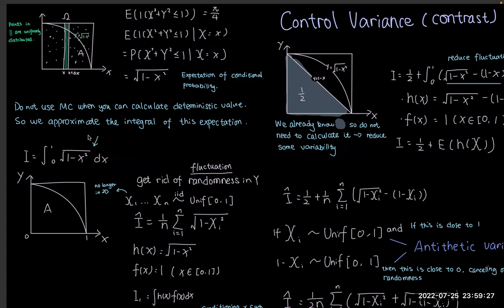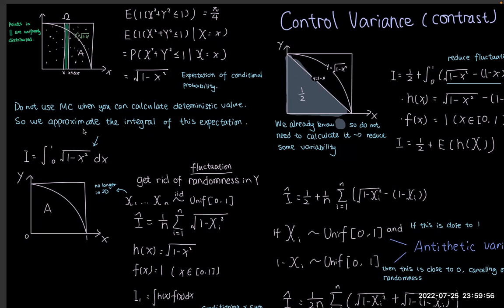Among those delta x points, the proportion of points below this curve is the square root of 1 minus x squared. So this small area is the square root of 1 minus x squared times delta x. Then we sum over all the small bins and we get the total area. So that's how we write this.